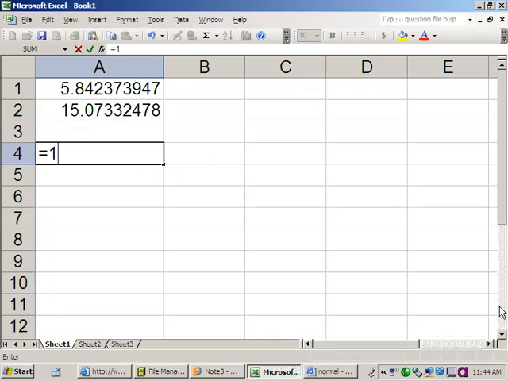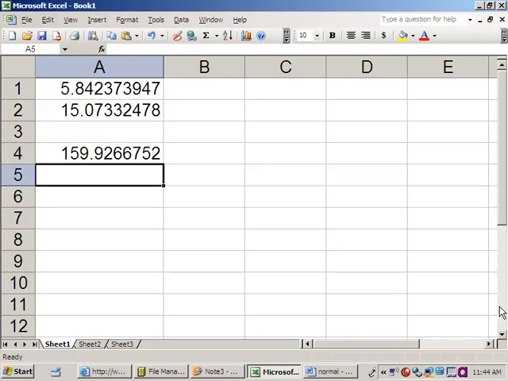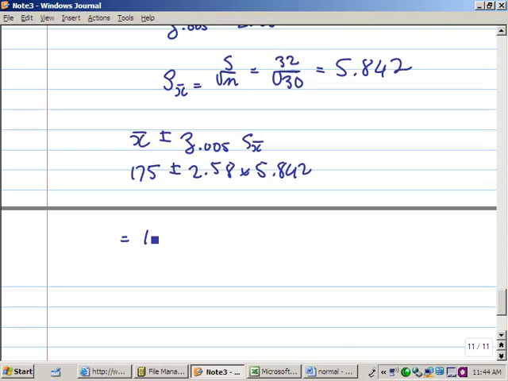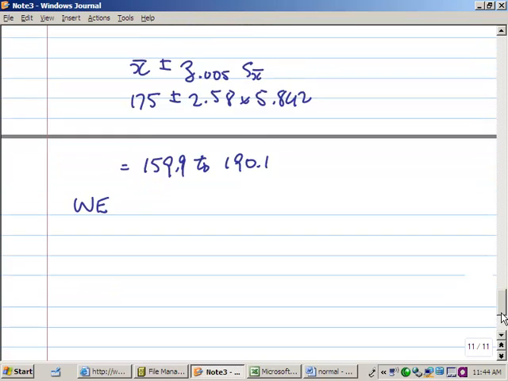So it's 175 minus that amount, and for the upper limit 175 plus. Okay, so 159.9 to 190.1.